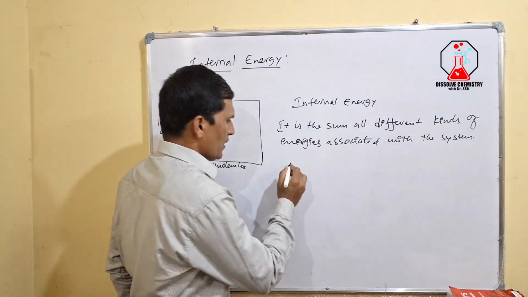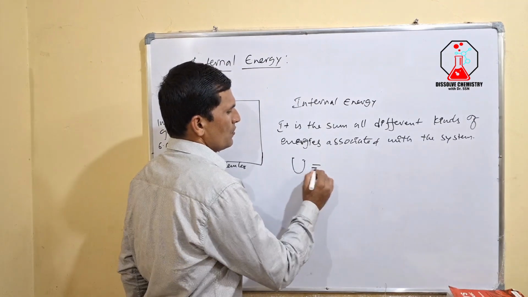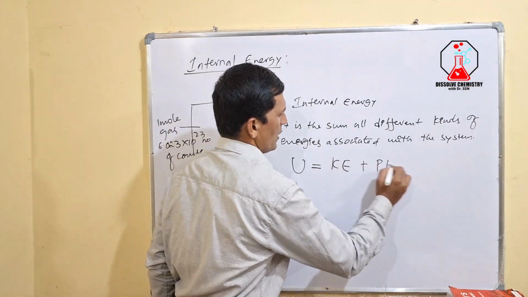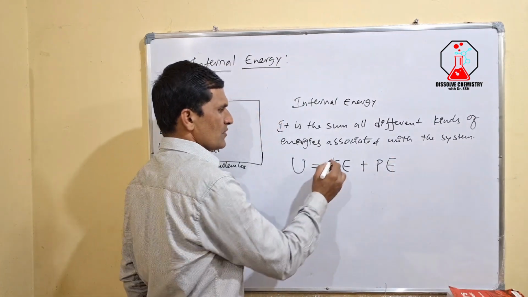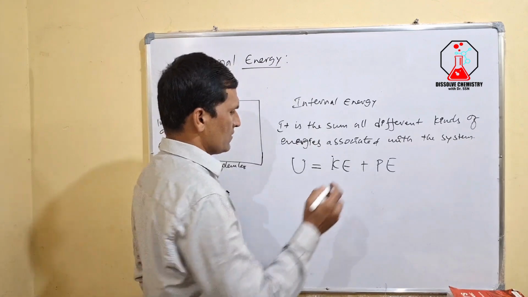Internal energy is represented by U. Therefore U is equal to the kinetic energy plus the potential energy of the system. Here we have considered the system as 1 mole of gas.